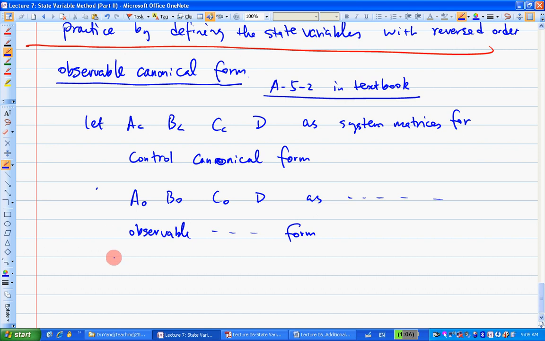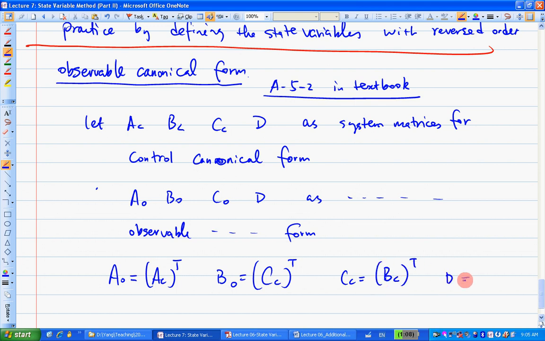Then the relationship between these two is that AO equals the transpose of AC, BO equals the transpose of CC, and CO is the transpose of BC, and D is not changing. D is still the same D.